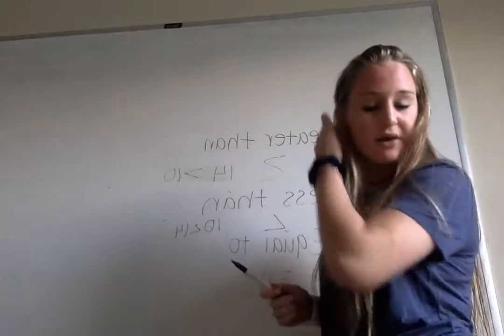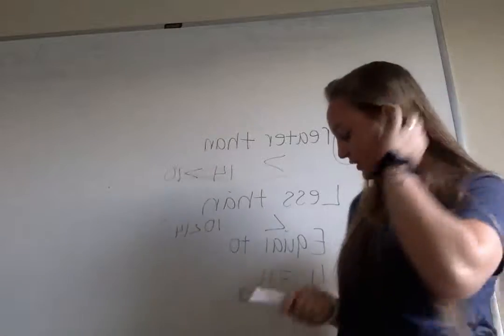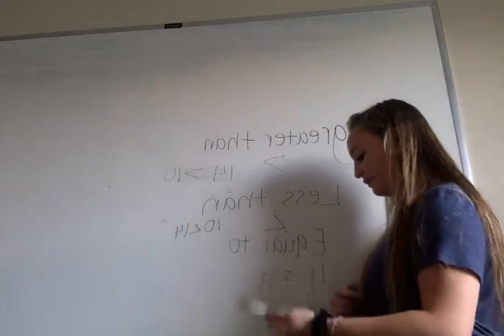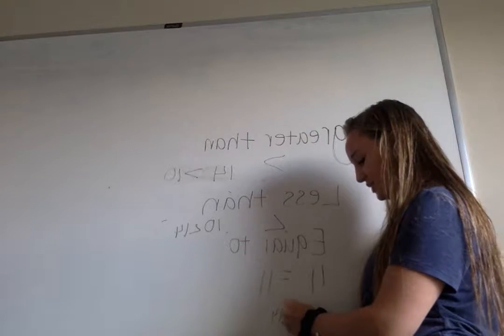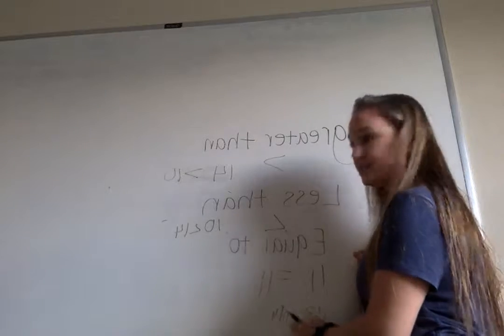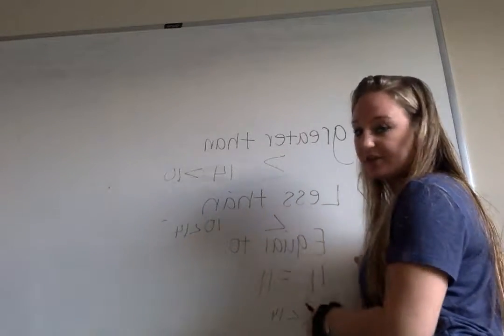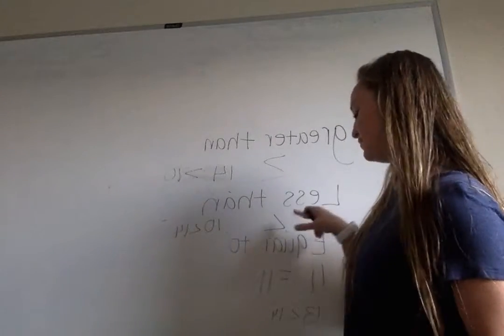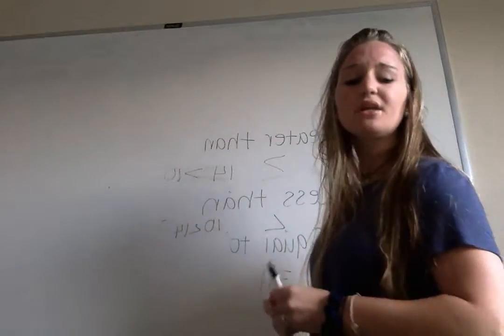And then I would have a student raise their hand and tell me what they think the answer is. And hopefully they would say that the answer is a less than sign because 13 is less than 14. They don't equal each other. 13 is not greater than 14. 13 is less than, so we want that less than sign.